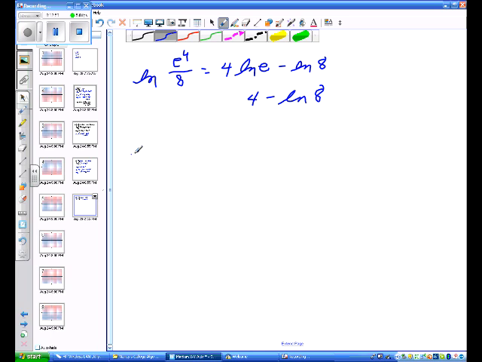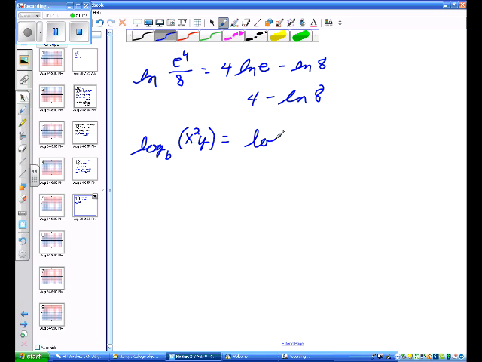Let's say that we've got the log base b of x squared times y. So now what we're taking is the log of a product. The log of a product is equal to the sum of the logs.